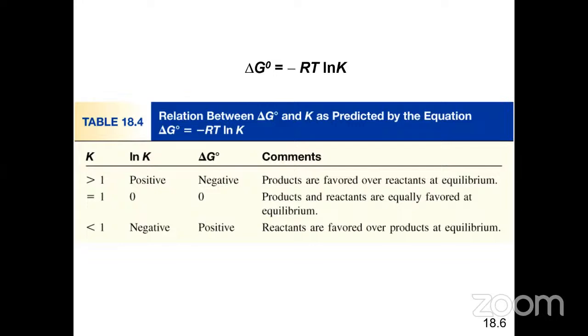So again, it's very important that you understand the relationship between K and delta G, and what it actually means in terms of the compositions of the reactants and products at equilibrium, all right? So very important that you understand this and appreciate this.